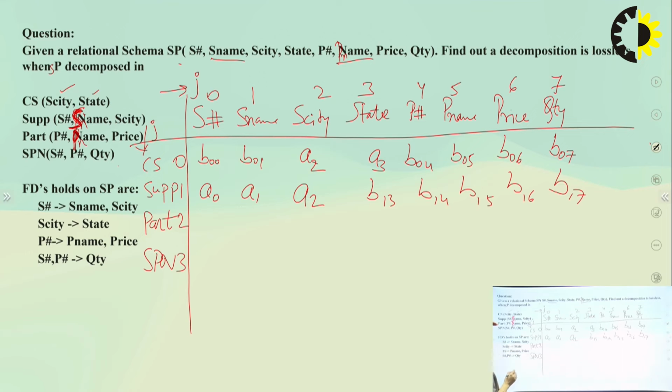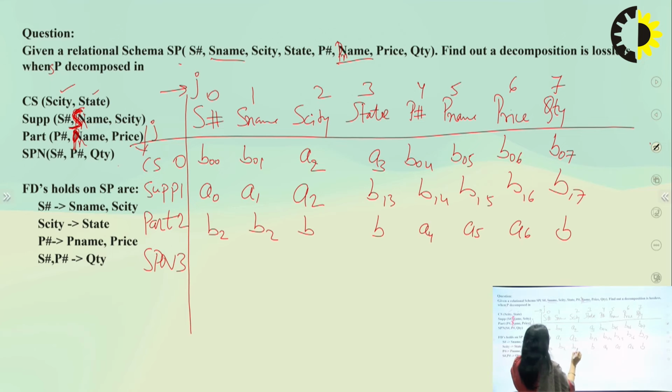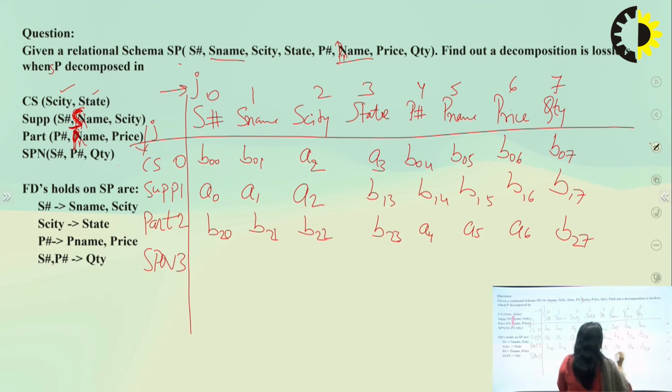Similarly, we'll fill for this part P hash A4, P name A5, price A6. Only these 3. Others will be filled as B. Right. We will write the suffix 2, 2, 2, 2, 2, 0, 1, 2, 3, and 7. Similarly, we will fill the last row.